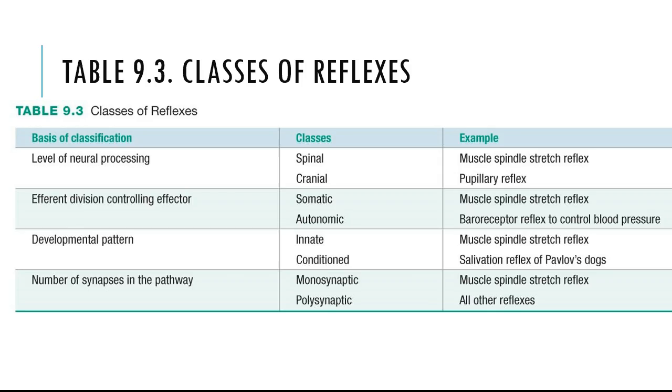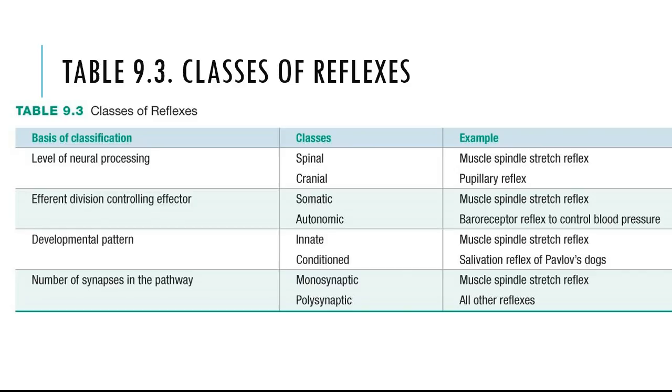There are various types of reflexes. Table 9.3 looks like it didn't show up very well in the projection, but this is screenshotted from your textbook. If you turn to 9.3, there are various types of reflexes. Some may be spinal, like the patellar tendon reflex we illustrated.